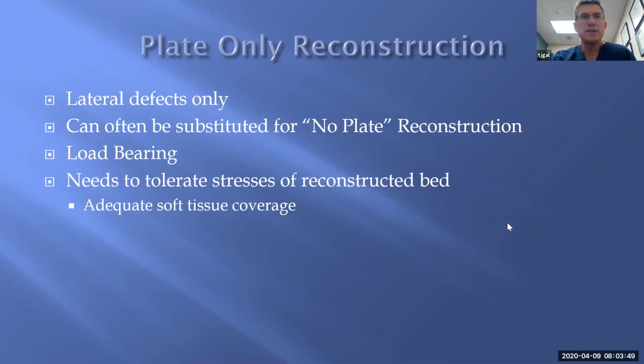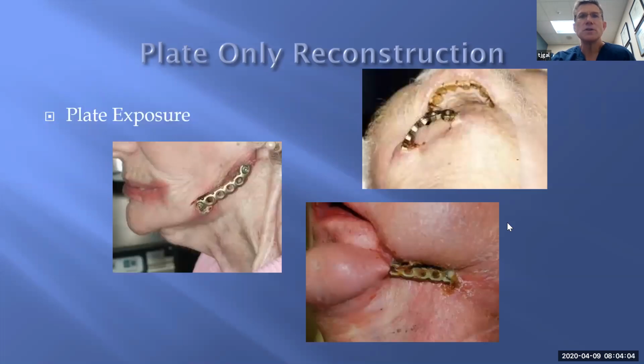If you put a plate, it needs to be a load-bearing plate. It needs to tolerate the stresses of the reconstructive bed, meaning there needs to be soft tissue over it, because the scarring over that plate will eventually cause it to look like this. So these are plate-only reconstructions with no bone to support it, and so the soft tissues overlying it will frequently contract to the point that you will wind up seeing the plate.